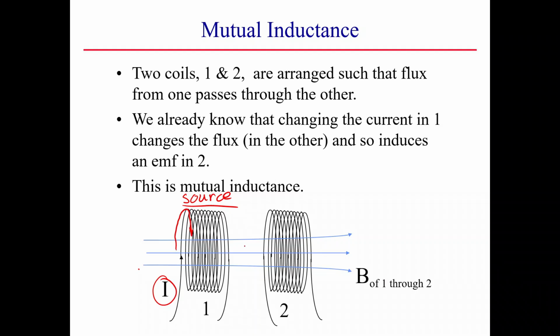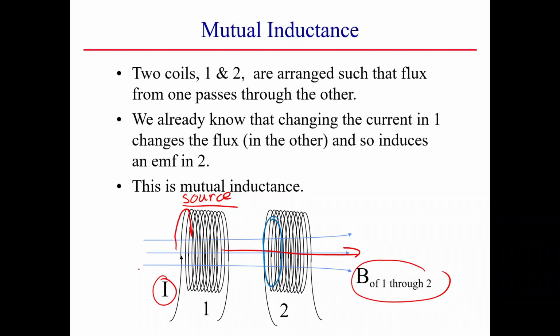So it's creating a magnetic field to the right. That is B of 1. Okay, that's the source.